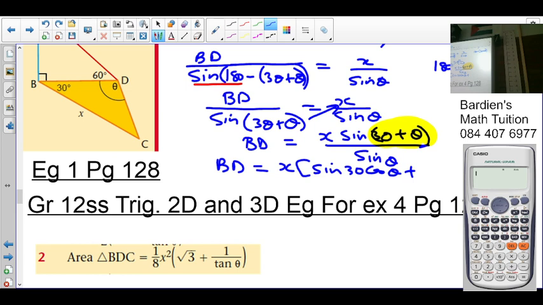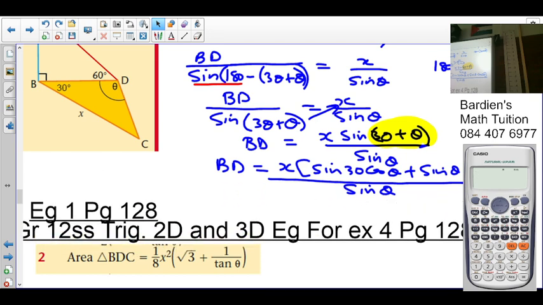Is that not the case? Yes. Now in alpha's place we have 30 and beta we have theta. So it's going to be sine 30 cos theta plus sine theta cos 30, and that is all over sine theta.